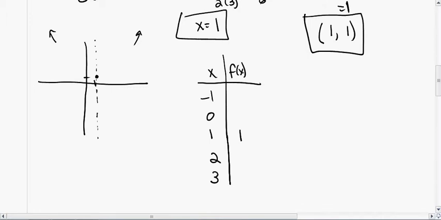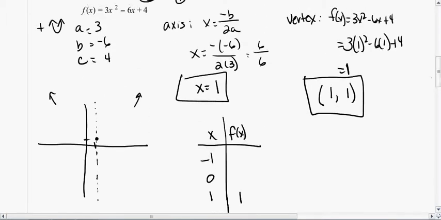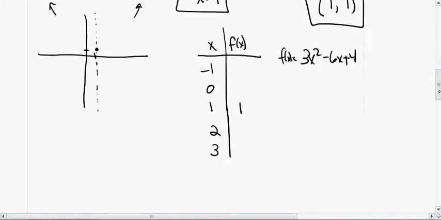-1 plugged in. All right, let's see. What's that formula? 3x squared minus 6x plus 4. So let's see.